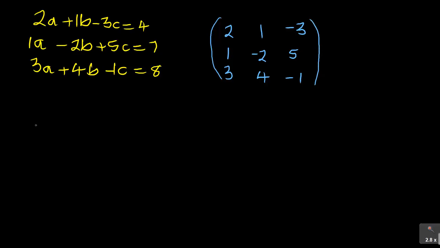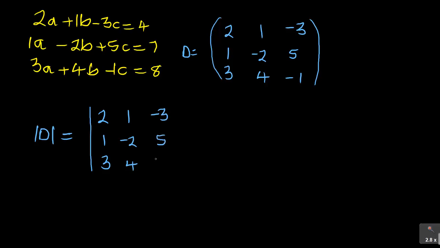And if I'm to find the determinant of this matrix, or if I'm to evaluate this matrix, and this is equal to D, it will be equal to the determinant of 2, 1, 3, 1, negative 2, 4, minus 3, 5, and negative 1.